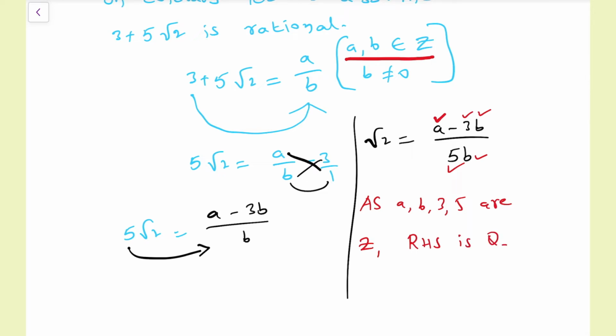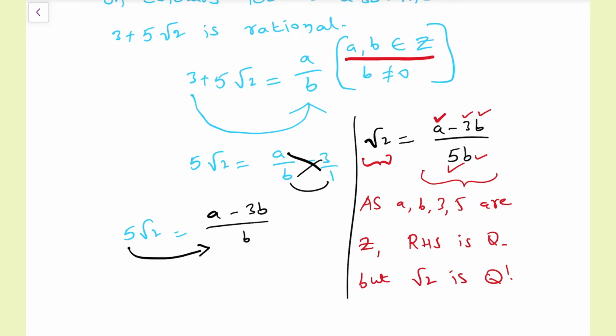In place of a and b, whatever number you substitute, the right side will always give a rational number. But coming to the left side, we have root 2, but root 2 is irrational.